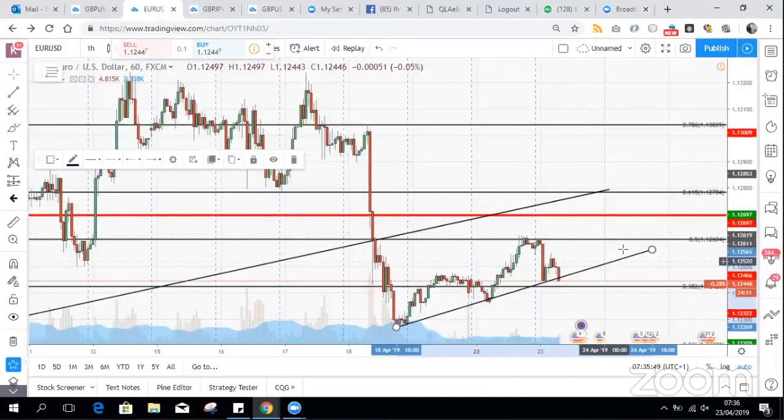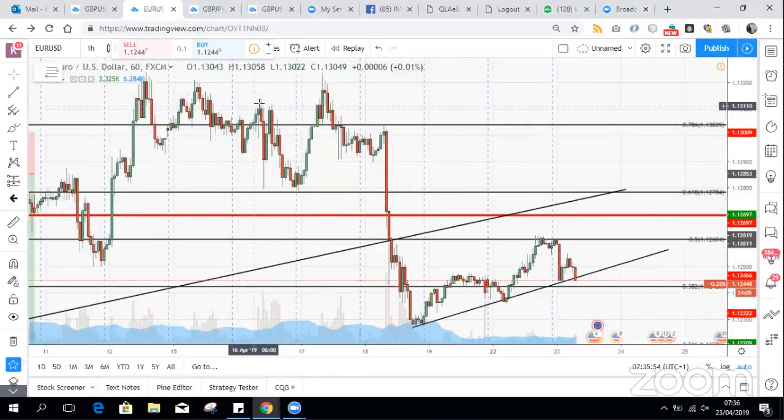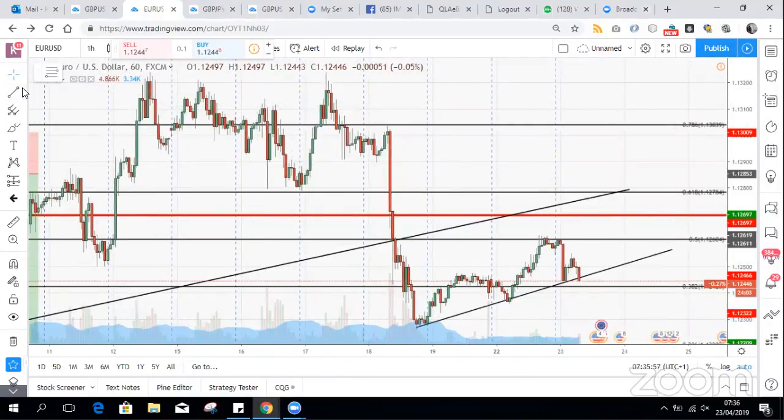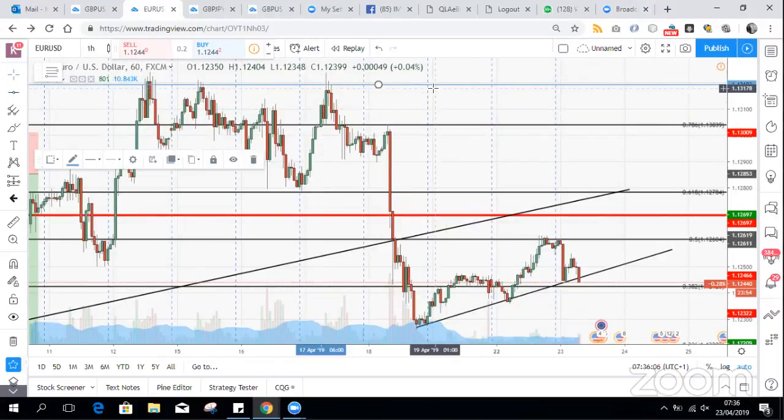Okay, on the 60 minutes, we see some nice price action happening. But let's find our previous week levels. Okay, previous week high points, obviously the highest point of the previous week.